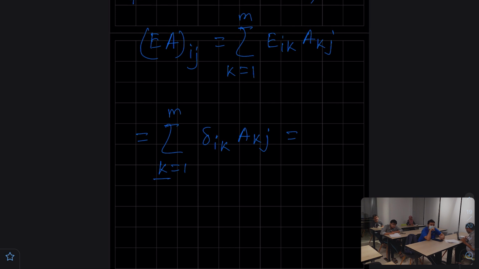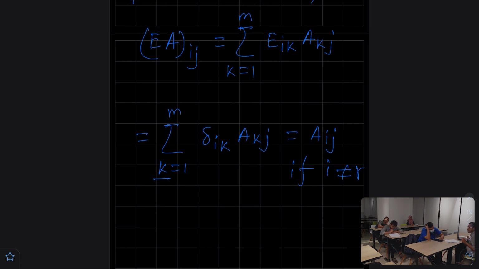The k runs from 1 to m, and delta_ik is just 1 when i equals k. That means this equals a_ij if i is not equal to r.